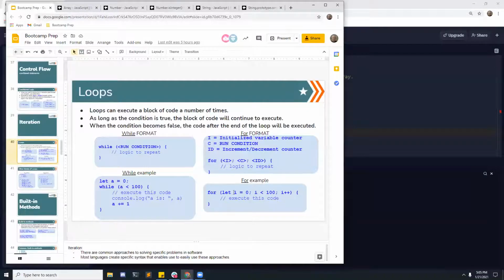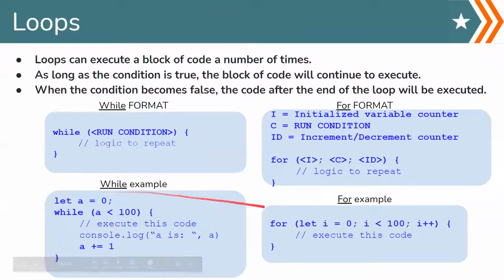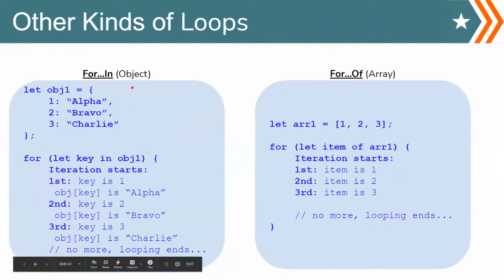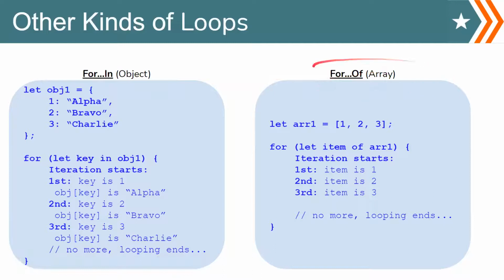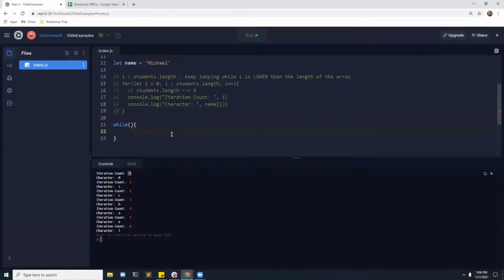We just did this one, right? Let me make that bigger. We just did the for over here, and I'm going to convert this one into the while version. And then next, we can't do this one because this is for object types, but we can do for of next if y'all want to see the same thing. 3 ways to do the same thing.